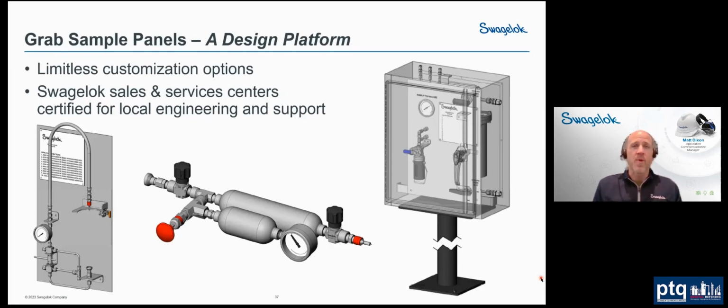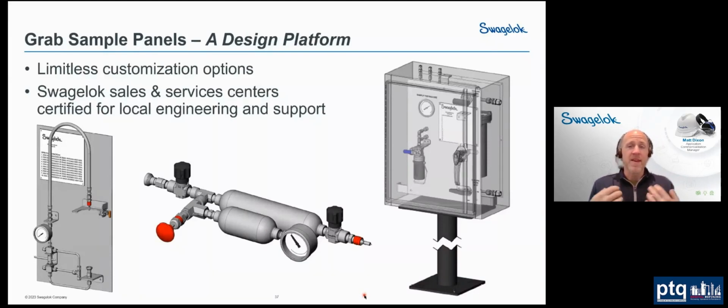The vast majority are modified in one way or another, whether it's putting things onto the front of the panel like you see here, or mounting this GSL into an enclosure, or this cylinder arrangement here. This is another way of dealing with overpressurization, is to have a sample cylinder with a relief valve that goes into a secondary sample cylinder.